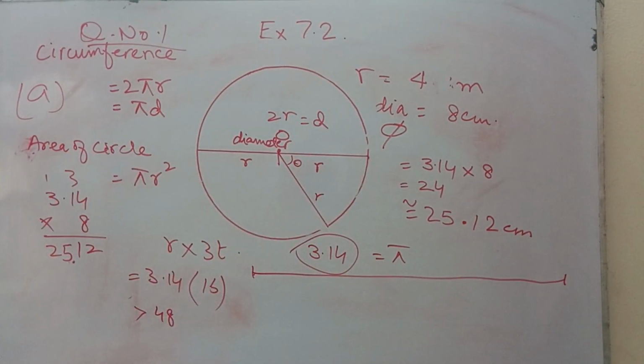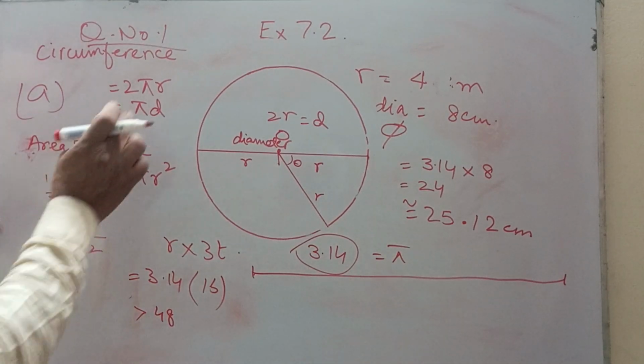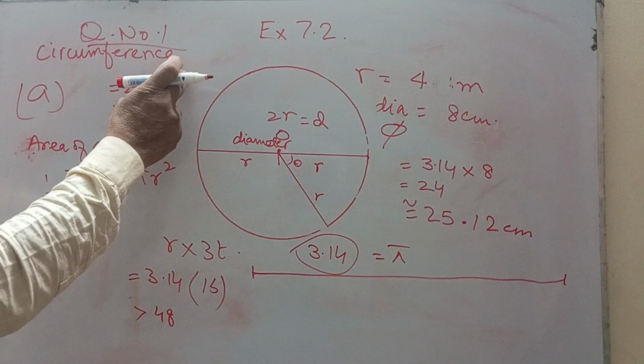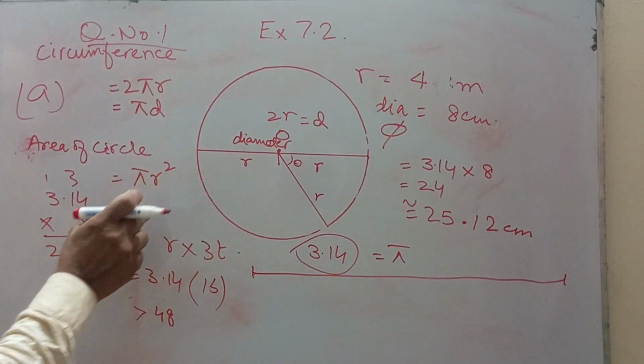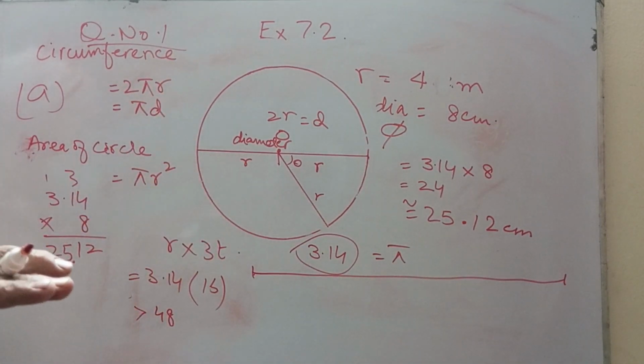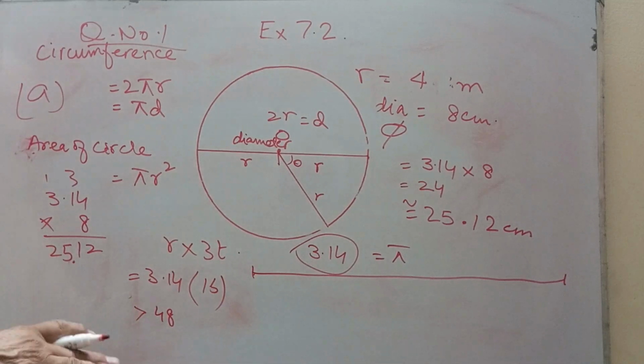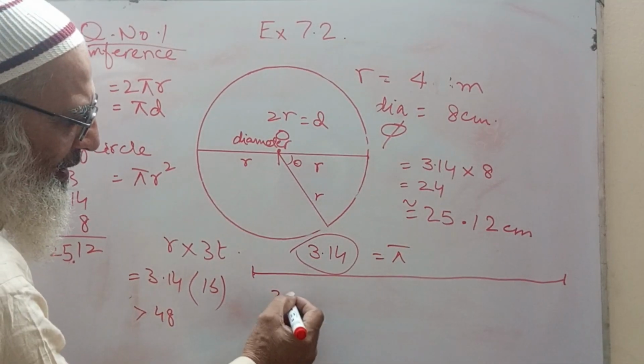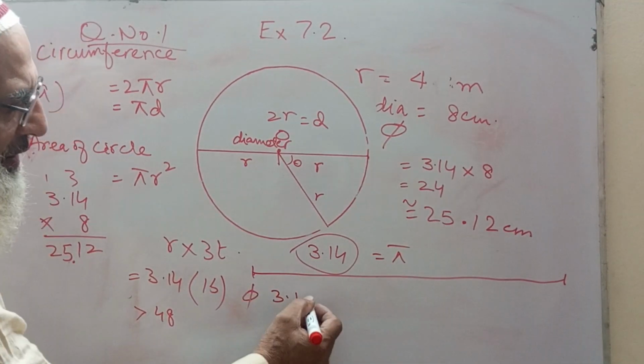So what is difficult? Nothing difficult. Just manipulate the diameter over here for the circumference, and when you want to find the area, just make it half. For example, the diameter is 3.1 meters.